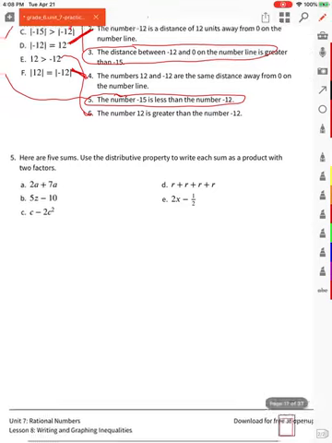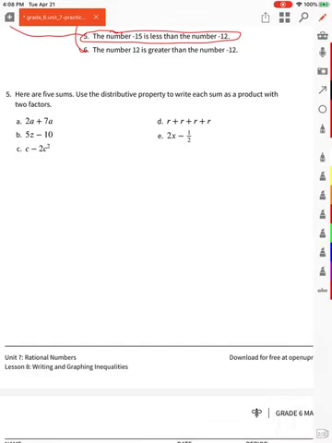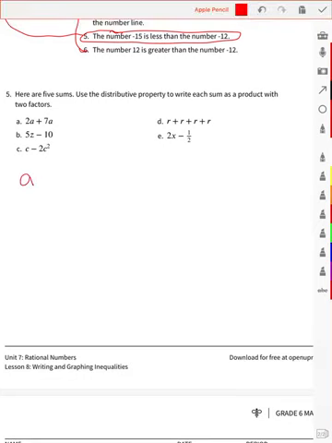All right, number 5. Here are 5 sums. Use the distributive property to write each sum as a product with 2 factors. 2a plus 7a. So you could say 9a, or you could say 2 plus 7 times a.